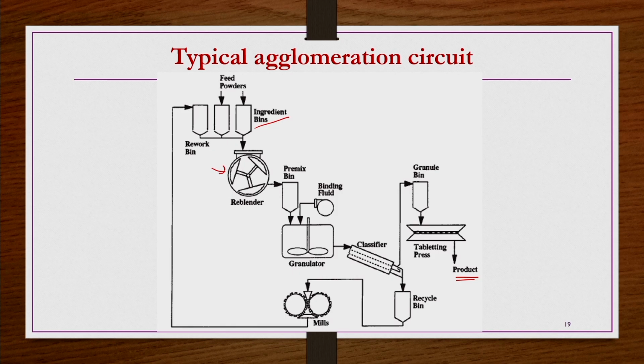So, this is a typical agglomeration circuit, where what we are seeing here is an agitative granulation step, from here to here, right. Whatever product is coming, we are not taking as the final product. After this we do a classification, or using the classifier, we do size separation.